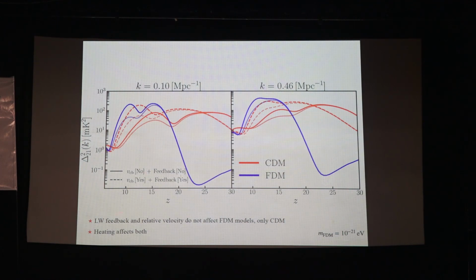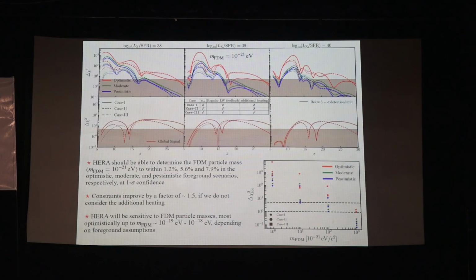The Lyman-Werner feedback and the relative velocity do not affect the FDM models. It is obvious, but the heating affects both. So there is a difference between the CDM and the FDM model, as you can see. And you can calculate quantities like chi-square, which is the difference between two models and the expected noise that you have.